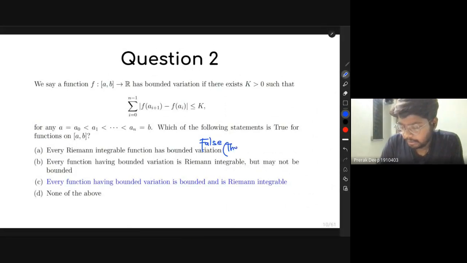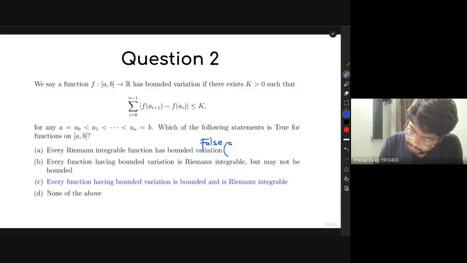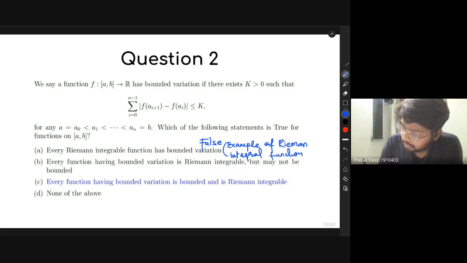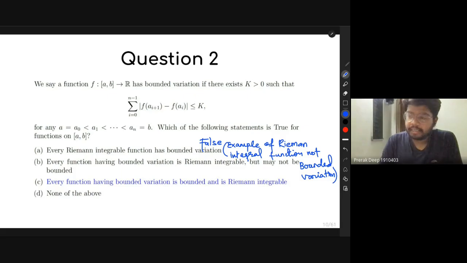There are examples of Riemann integrable functions that are not of bounded variation.